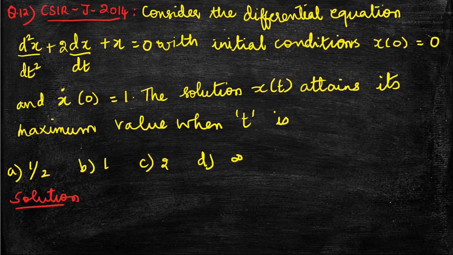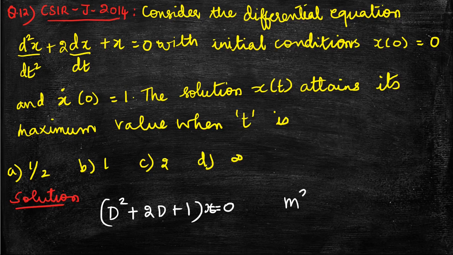Okay, so this is a second order homogeneous differential equation, right? So we can write the equation as (D square plus 2D plus 1) x equal to 0. The auxiliary equation will be m square plus 2m plus 1 equal to 0, and m will be minus 1, comma minus 1.